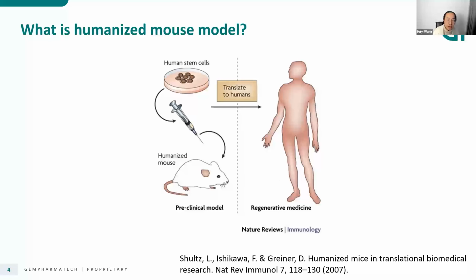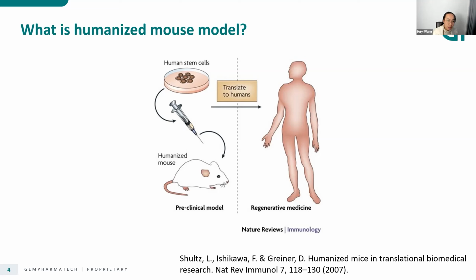So, how do we construct the humanized mouse models? One method is transplanting human stem cells into highly immune deficient mouse models like NCG mice, which can partially develop a human immune system.